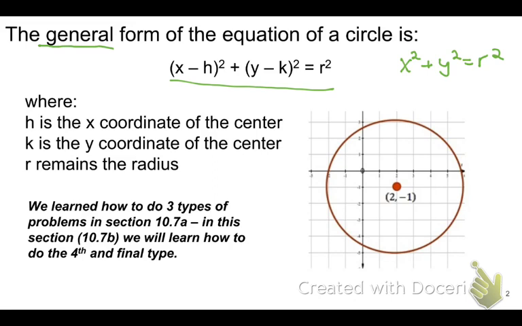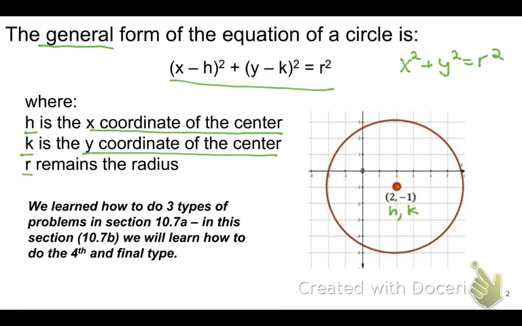h is the x-coordinate of the center. On this circle here, the x-coordinate of the center is 2, so we're going to call that h. k is the y-coordinate of the center, and in this example, the y-coordinate of the center is -1, so that's k.